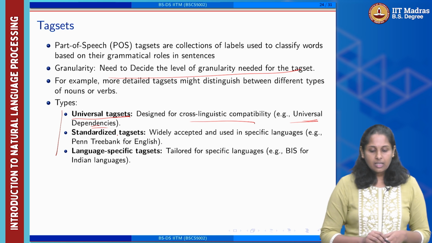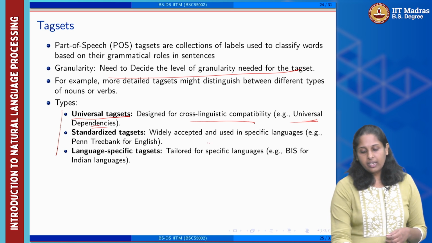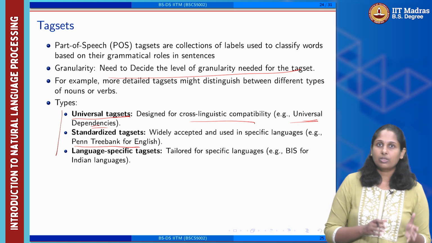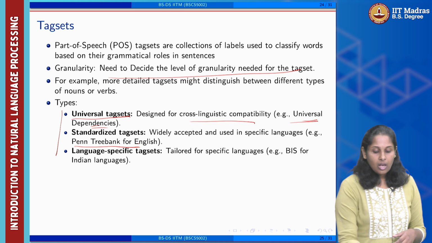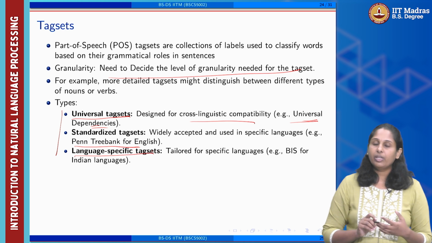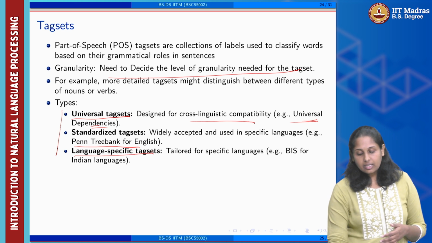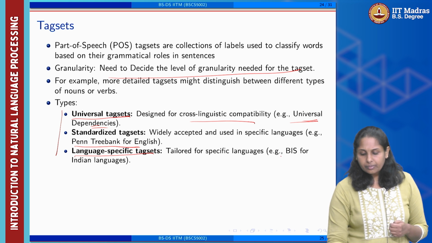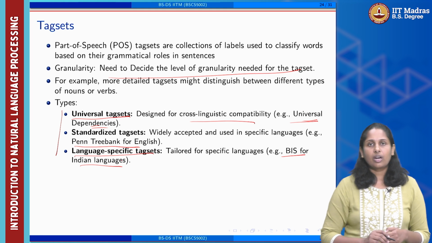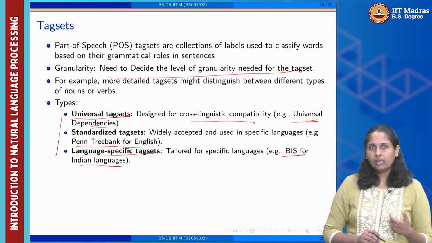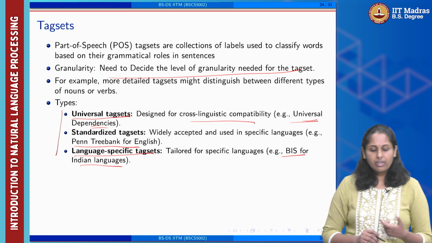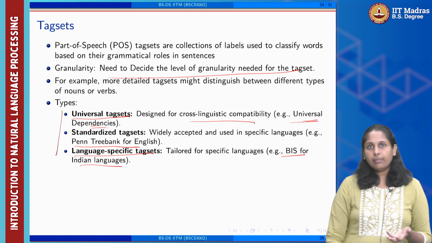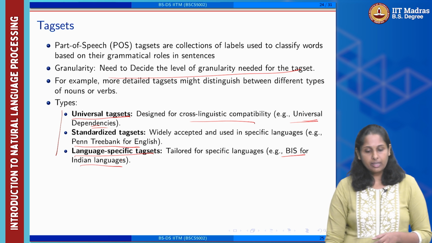Standardized tag sets are widely accepted, like the Penn Treebank, which is standardized especially for languages like English. Language-specific tag sets are also widely used, tailored for a specific language. For example, BIS for the Indian language context, where the Bureau of Indian Standards has given this tag set. So, these are the three types of tag sets we can use to build the tags.